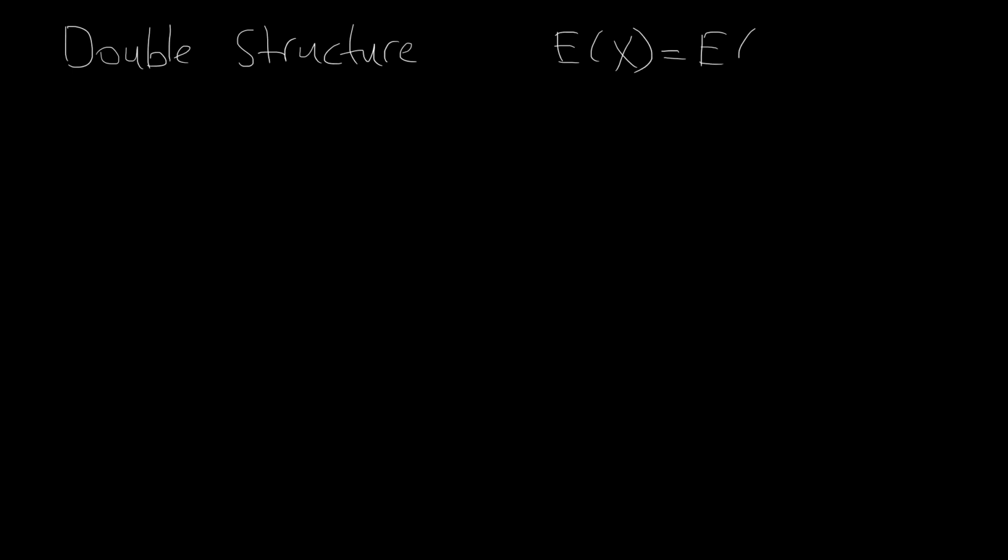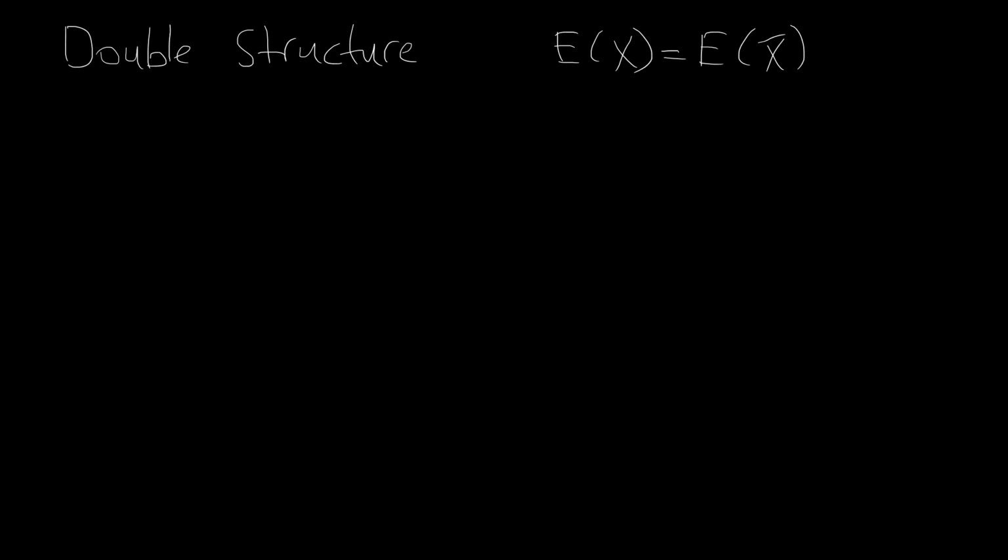Hi guys, so in the previous two videos, we have discussed first the double structure of a random variable, and then we moved on to proving that the mean of the distribution of x, that is the random variable x, is equal to the mean of the distribution of x bar, that is our estimator.